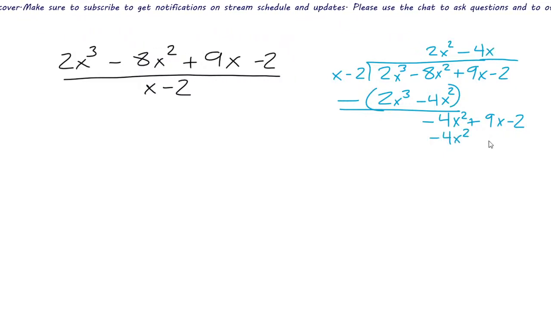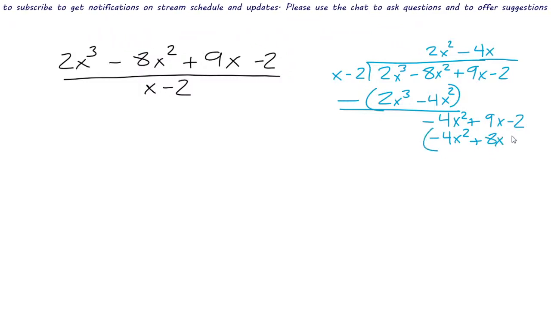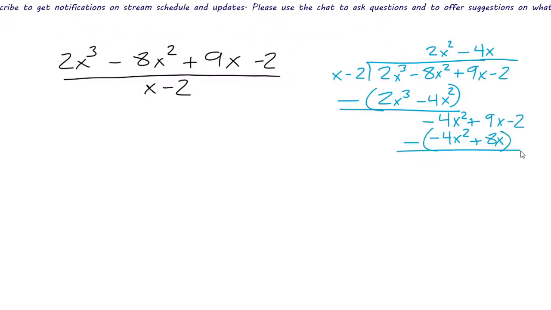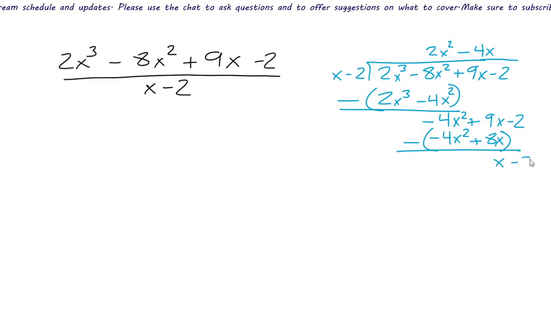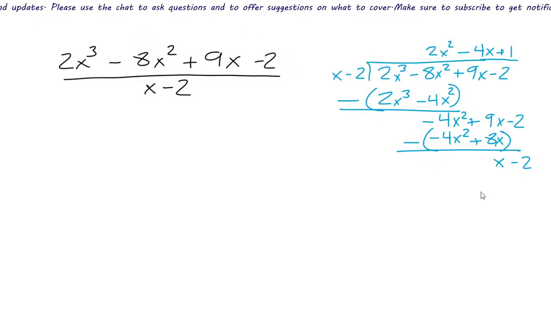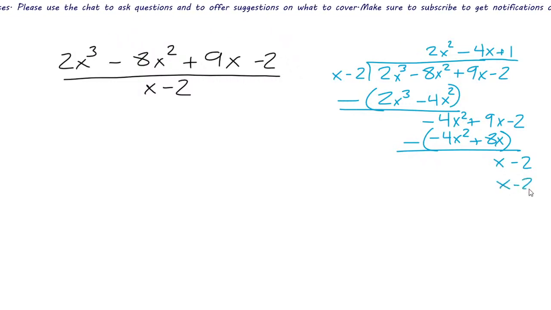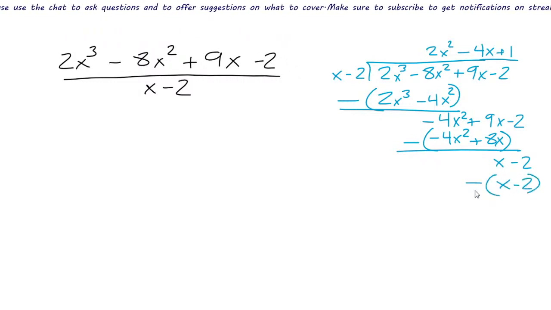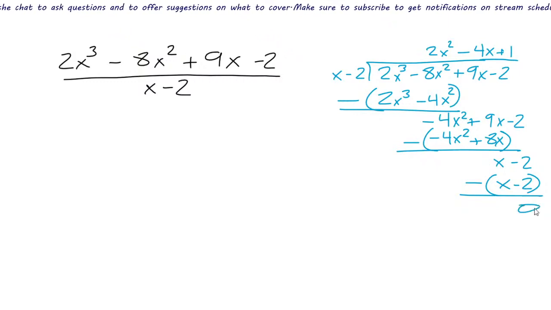Negative 4 times negative 2 is going to be positive 8x. Subtract. These cancel. And 9 minus 8 is going to be just 1x minus 2. And again, this is one where we're going to be left with just the same thing, so we're going to multiply by 1 to get x minus 2. Subtract. And no remainder.